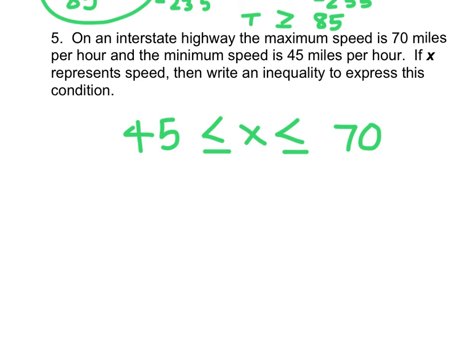Since x has to be between those speeds, this is the way I like to write it. You'll have 45 is less than x, which is less than or equal to 70. You could also write it this way. 70 is greater than or equal to x, which is greater than or equal to 45. Both ways are correct. The choice is yours.